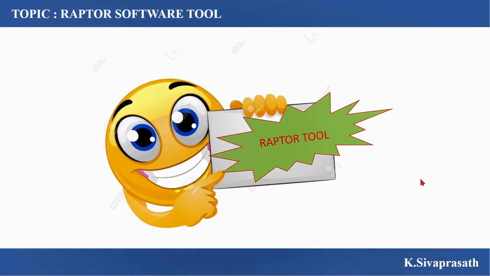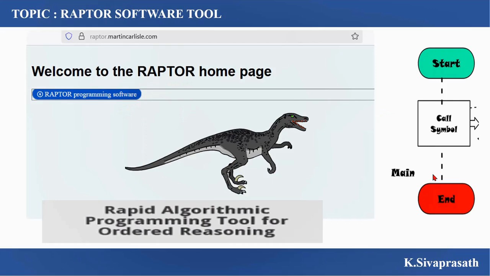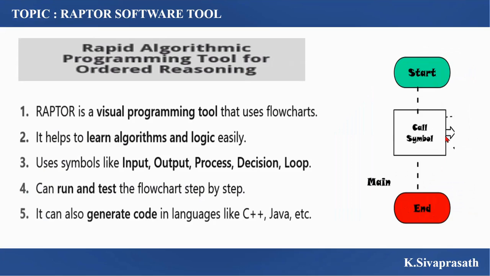Now let's implement an algorithm by means of a flowchart, which can be implemented using a tool called Raptor. Raptor is a rapid algorithmic programming tool for ordered reasoning, and it runs in Windows as well as Apple Mac. Raptor is a visual programming tool that uses flowcharts. This helps us to implement an algorithm in a graphical and diagrammatical way, using symbols like input, output, process, decision and loop.